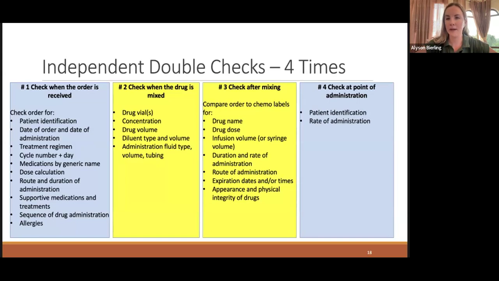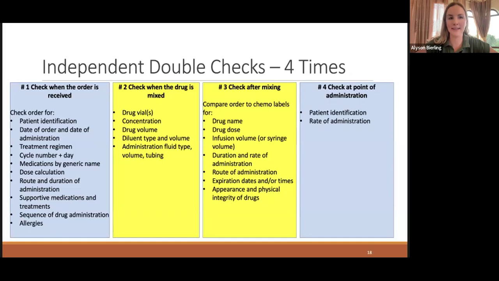Most chemotherapy is mixed in normal saline. Some need to be mixed in, say, dextrose. So we want to make sure that it's mixed in the correct diluent. And then the volume also can be important. Some drugs are mixed in 500 mils of, say, normal saline.